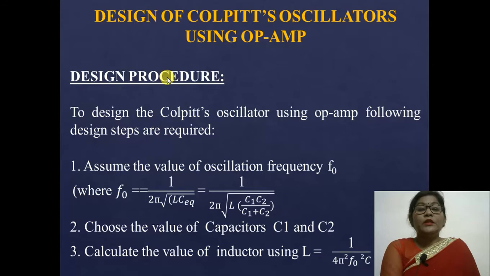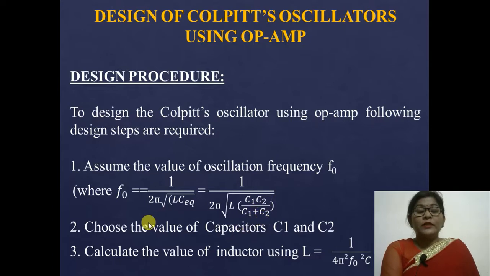So this is your design procedure, how to design the Colpit oscillator using op-amp IC. These steps are required. The first step is to assume the value of oscillation frequency f naught. The oscillation frequency f naught will be equal to 1 upon 2 pi root under L into C equivalent, and C equivalent is also equal to C1 C2 upon C1 plus C2.